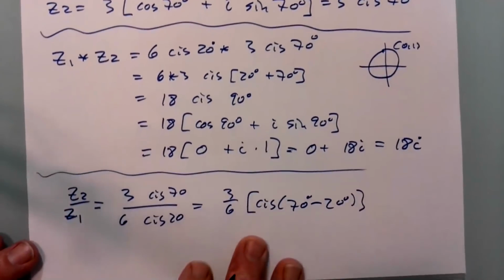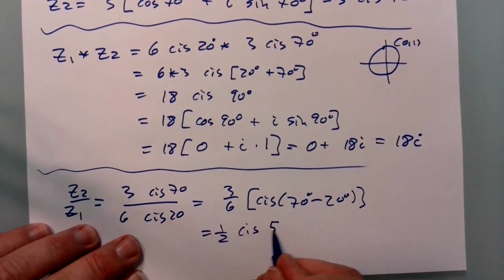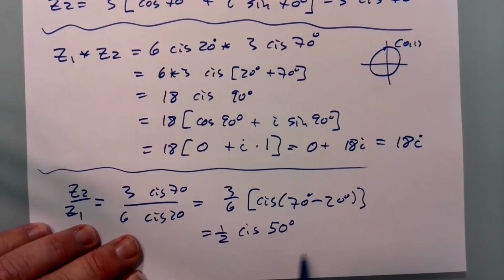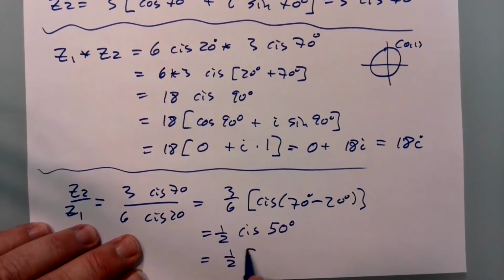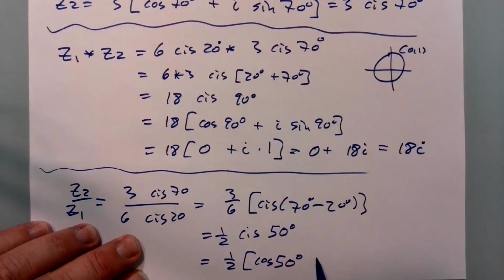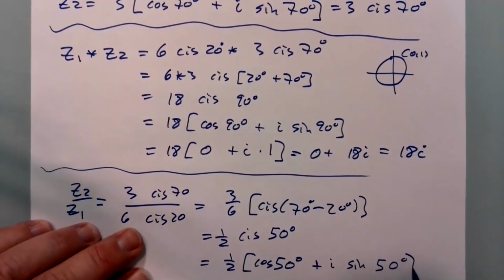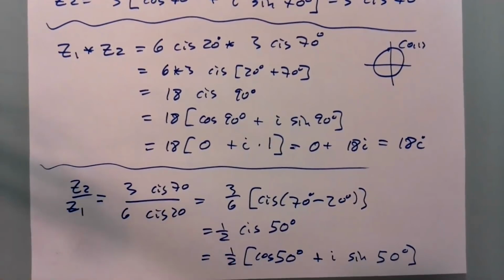So I get 1/2 cis 50 degrees, which I don't know what 50 degrees is. I'm not going to worry about it. But I'll just write my answer this way: 1/2 cos 50 degrees plus I times the sine of 50 degrees. Good enough for us to do that division.